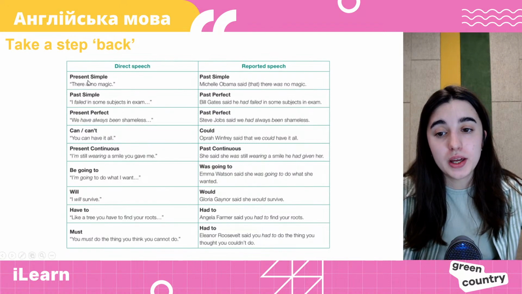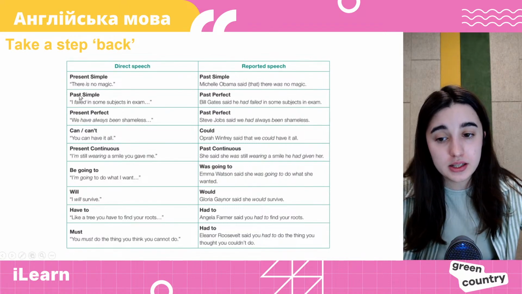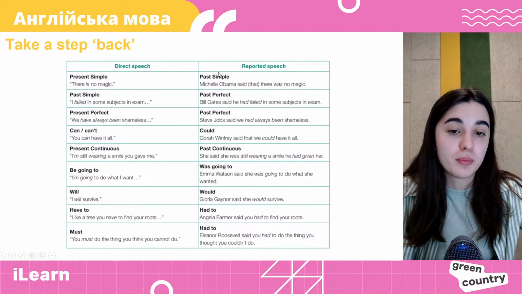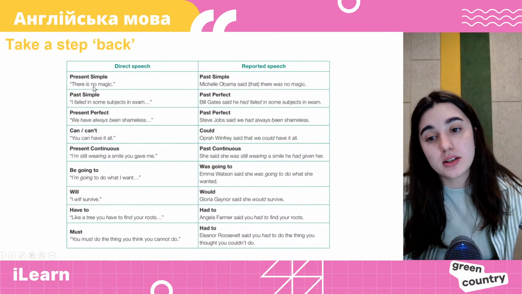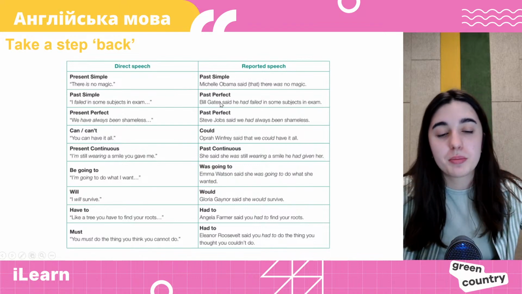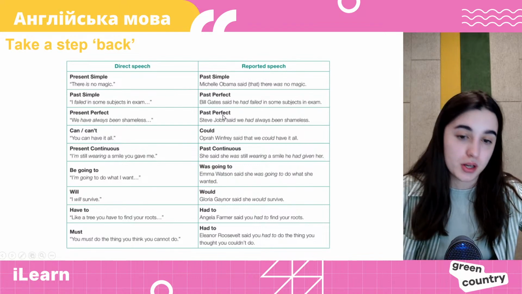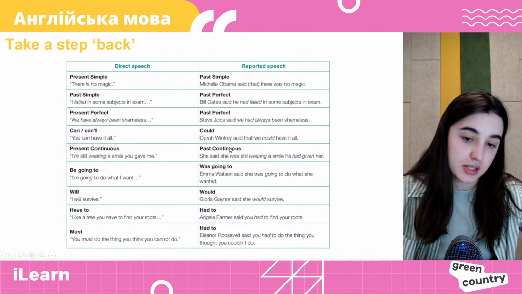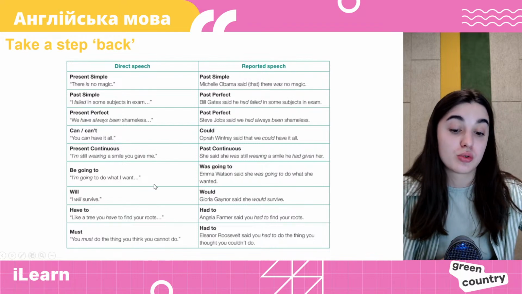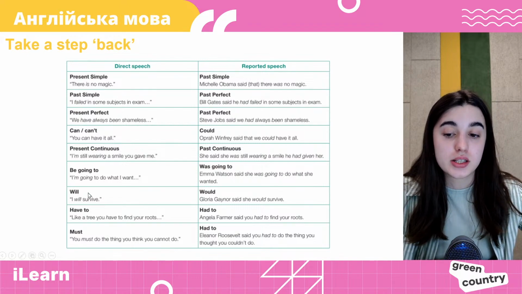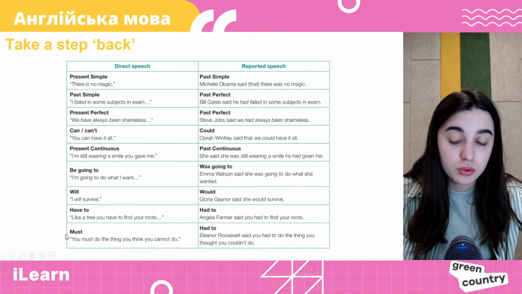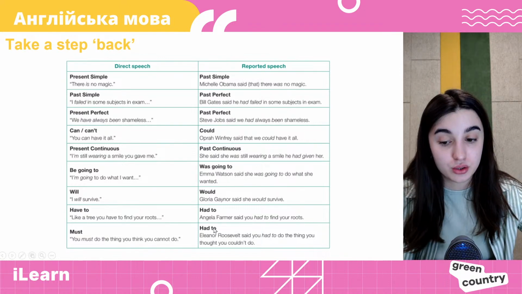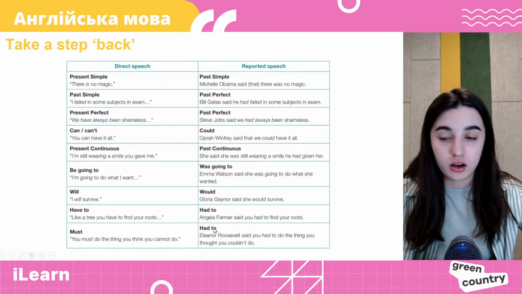Because when we talk about present tenses, we change them into past tenses. Present simple, past simple; present perfect, past perfect; present continuous, past continuous. You just need to remember such words as will, would, have to, had to, must, had to, and that's all.